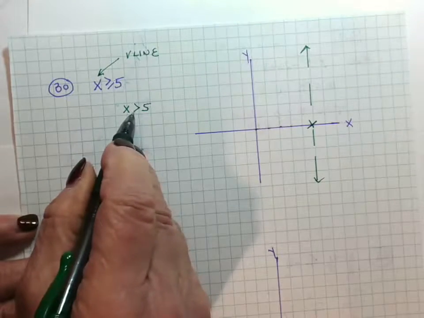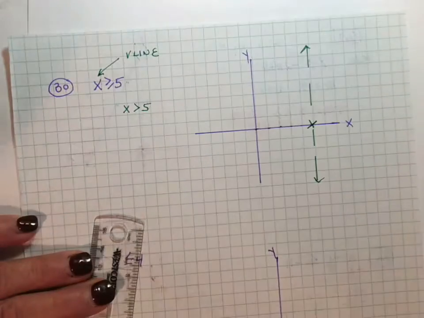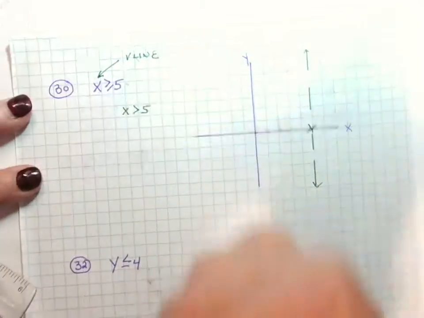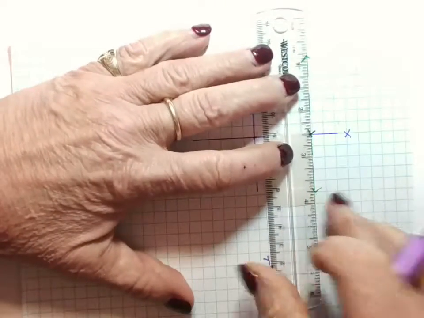So, if this does not have an equals, then this is dotted. However, the problem given is this one. So we have to make it a solid line.